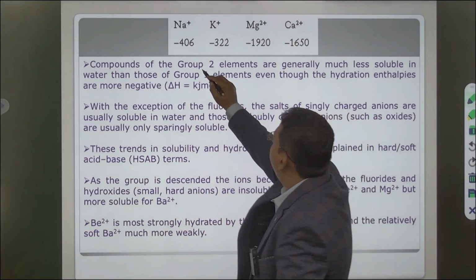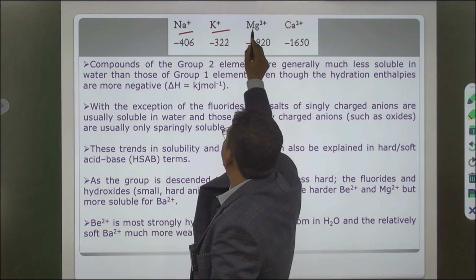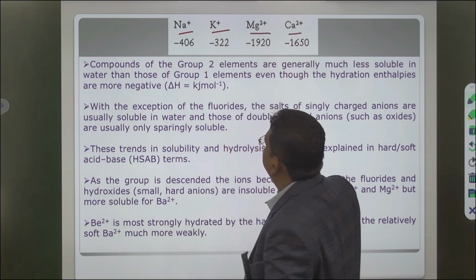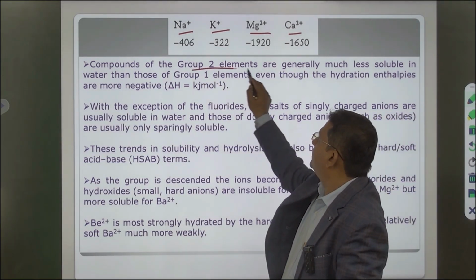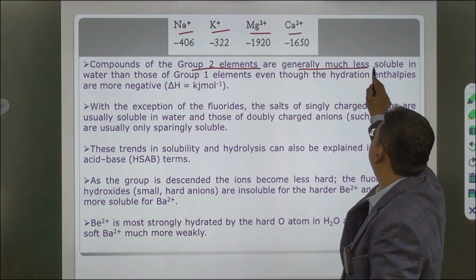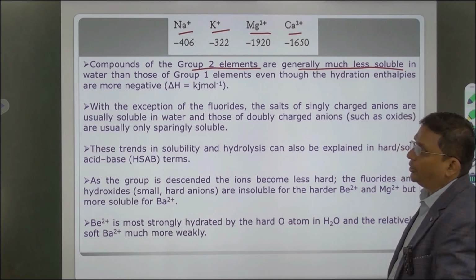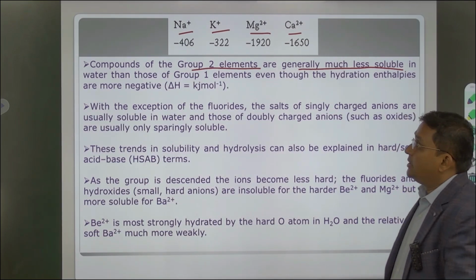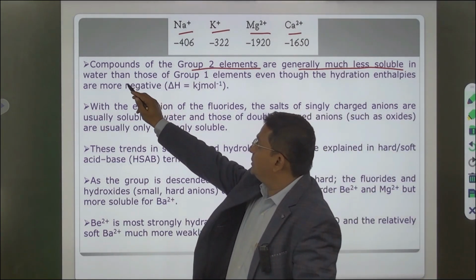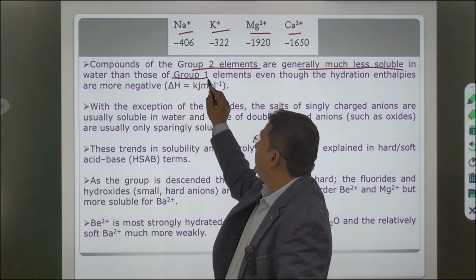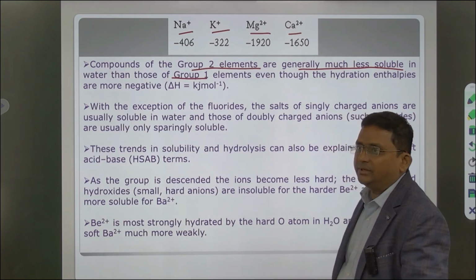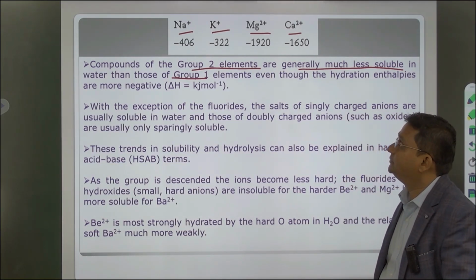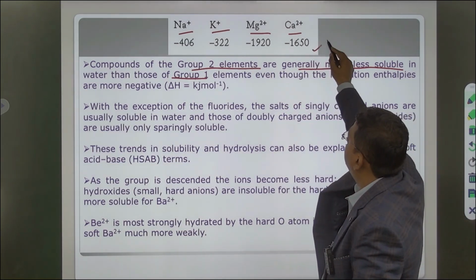Compounds of group 2 elements, such as those of magnesium and calcium, are generally much less soluble in water than those of group 1 elements, even though the hydration enthalpies are more negative.